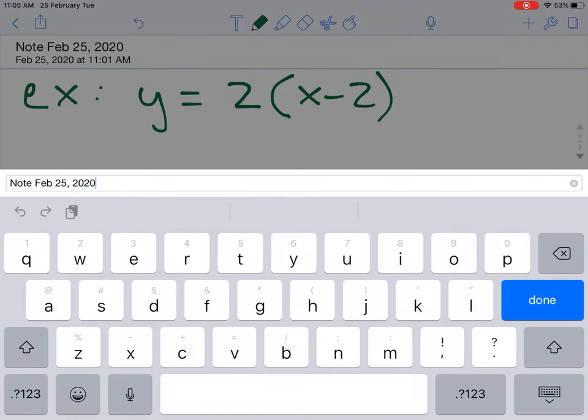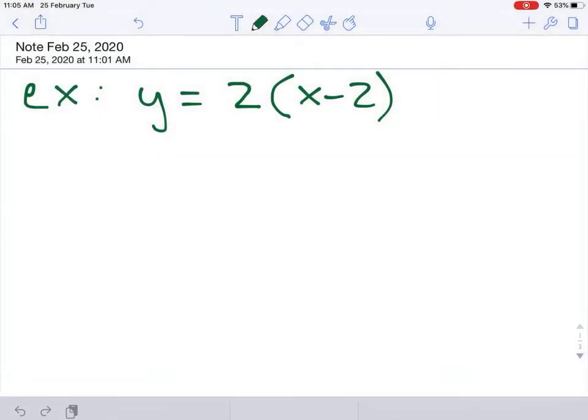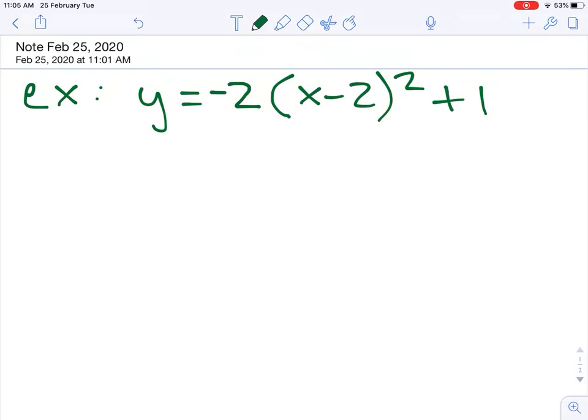And let's actually put a little negative there.